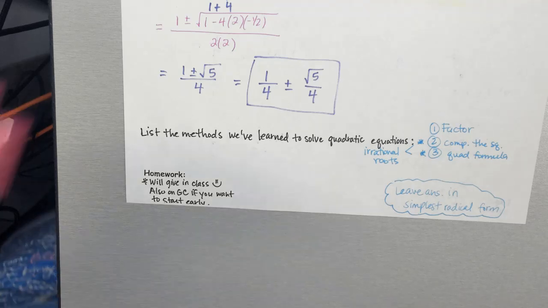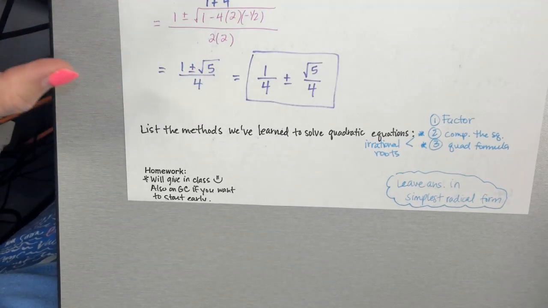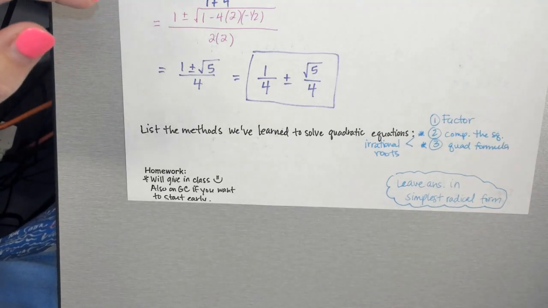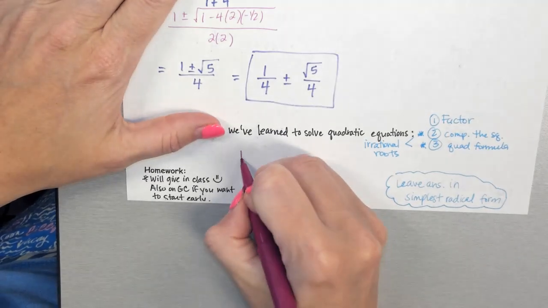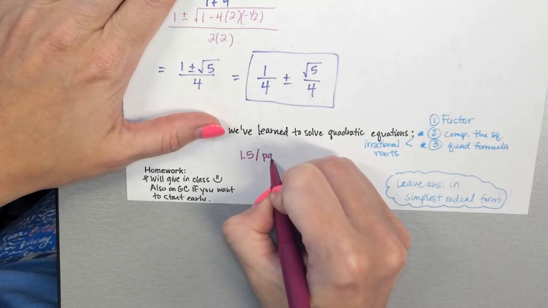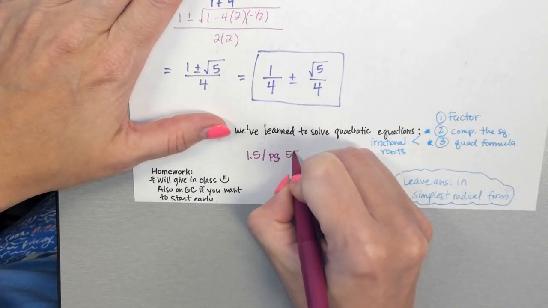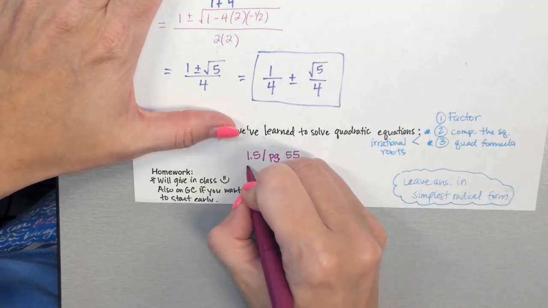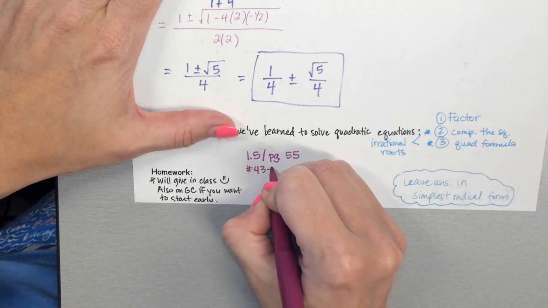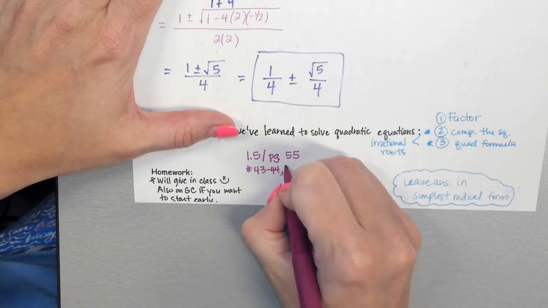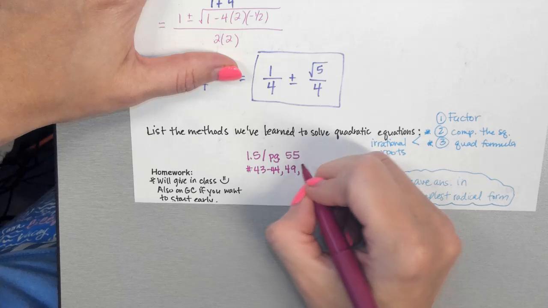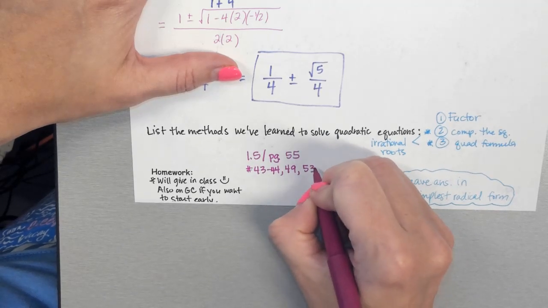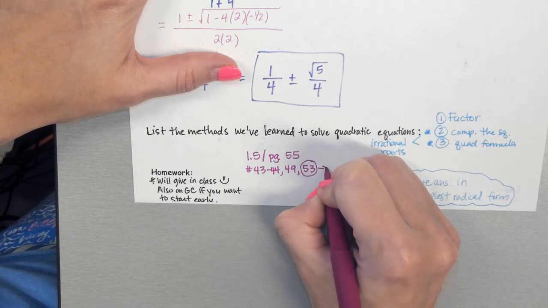Okay, so you have 10 homework problems that you are going to work on in class today and hopefully finish. It's on page 55. And again, you do need to follow the directions, but number 53 is in the section where it says to factor.